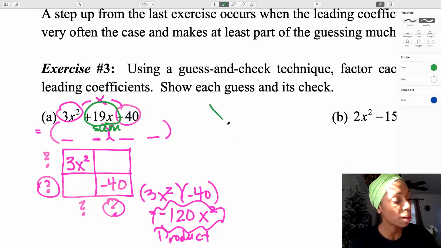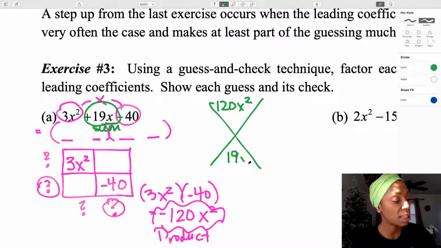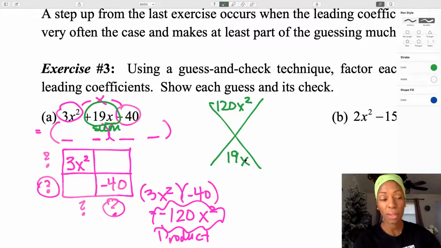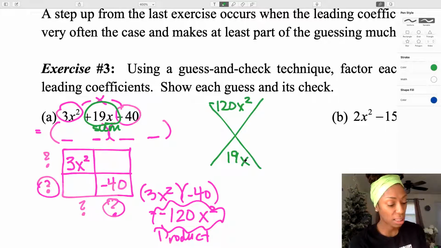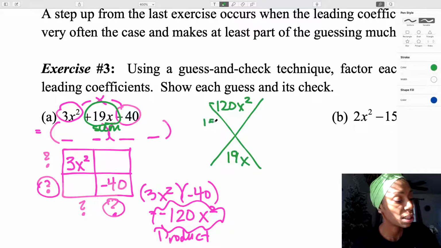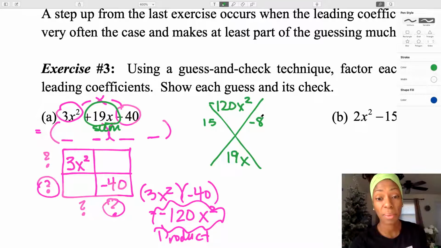So let's set up our x. We have to find two numbers that give me negative 120x squared, and when I add them, I get 19x. So you grab your calculator and you start dividing negative 120 by different factors to see if when you add them, you get 19x. So we can do 120 divided by 15. We get 8. So 15 and negative 8. Nope, that doesn't give me 19.